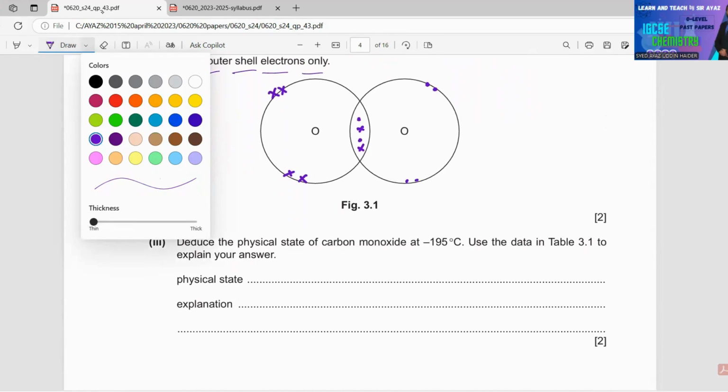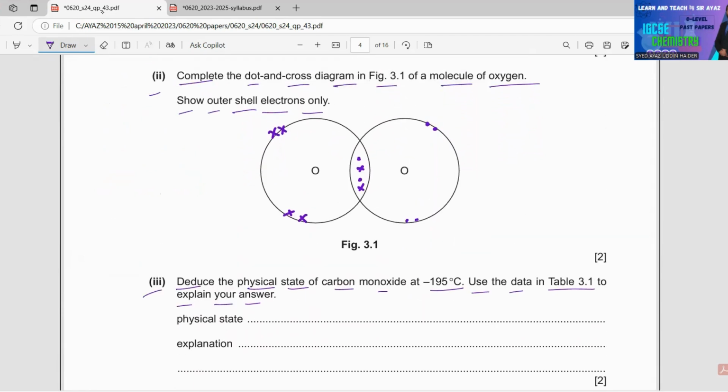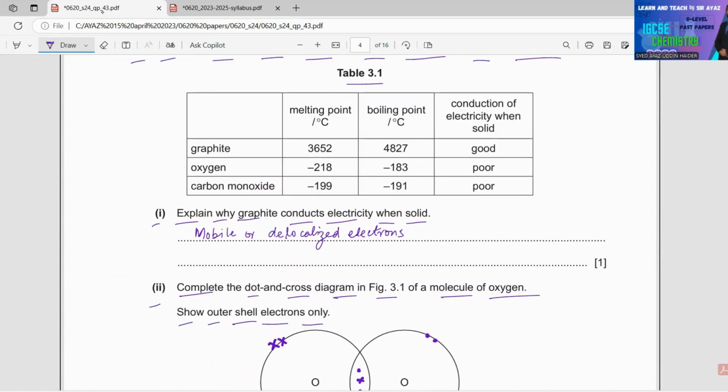Part 3. Deduce the physical state of carbon monoxide at -195 degrees centigrade. Use the data in table 3.1 to explain your answer. First of all, I need to write the physical state of this carbon monoxide at -195. Here's carbon monoxide.